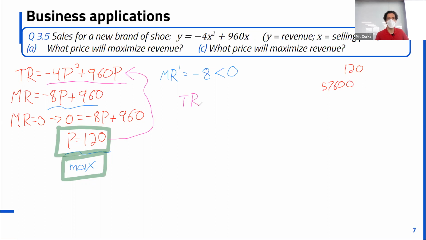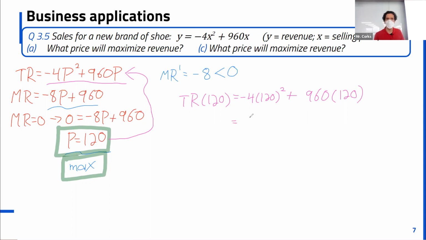So total revenue at this point, 120, is -4 times 120 squared plus 960 times 120, and we just work out what this is.